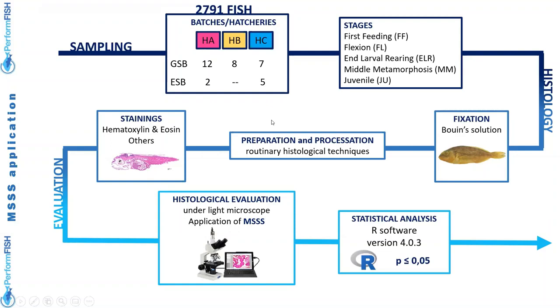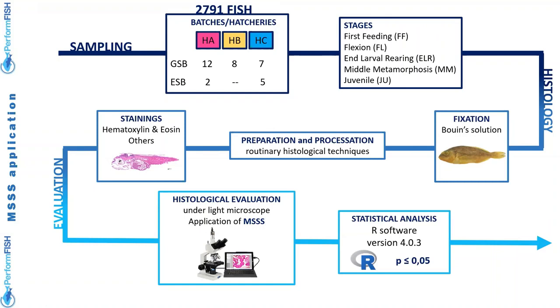Fish have been sampled at the 5 usual stages. The samples were fixed in blend and then prepared and processed according to the normal histological technique in our lab, of course.